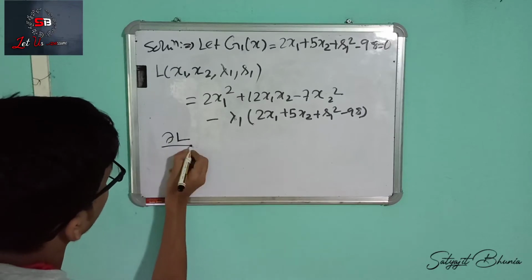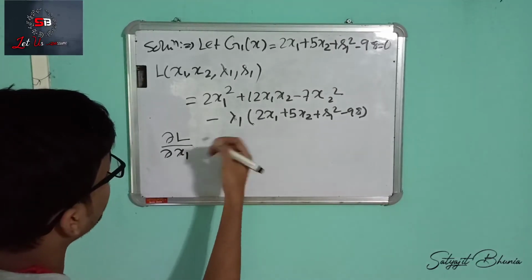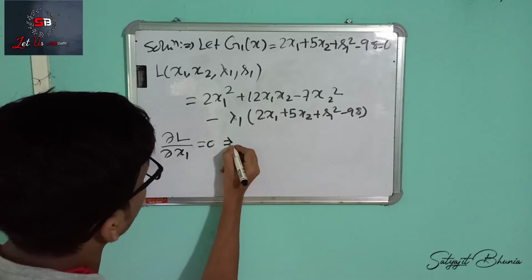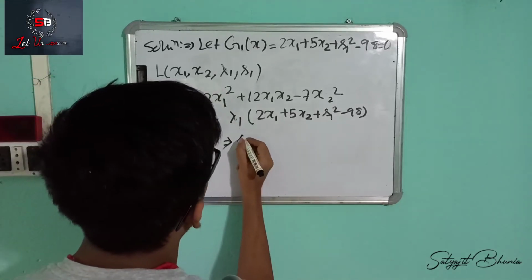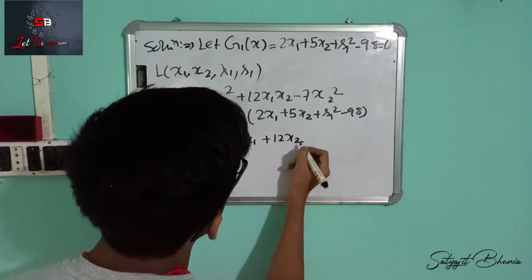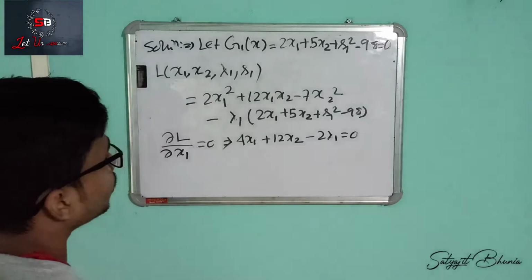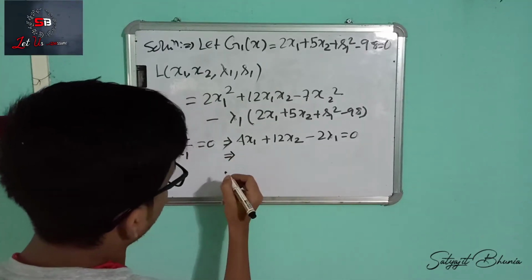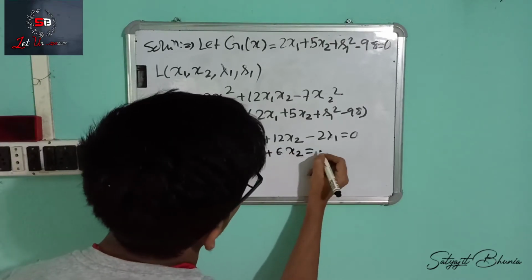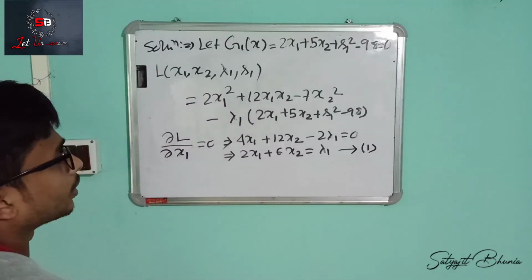So first we will partially differentiate L with respect to x1, that is del L del x1 is equal to 0, implies 4x1 plus 12x2 minus 2 lambda 1 is equal to 0, implies 2x1 plus 6x2 is equal to lambda 1. I will number it as 1.